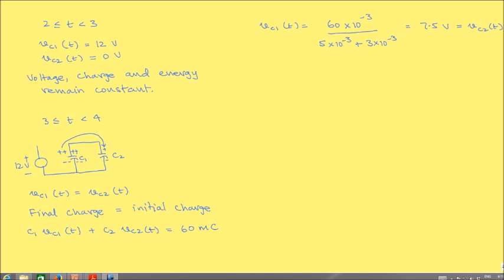If we look at the energy stored on each of the capacitors, we can calculate the energy stored on capacitor C1 is equal to half C1 V squared, and if we calculate that value, this will turn out to be 0.14 joules.